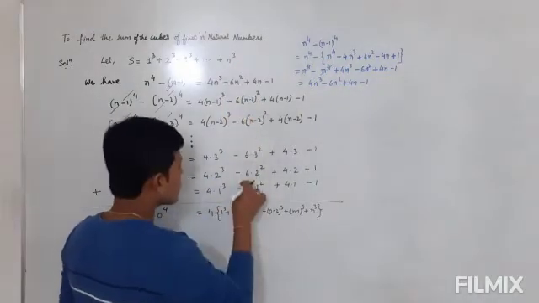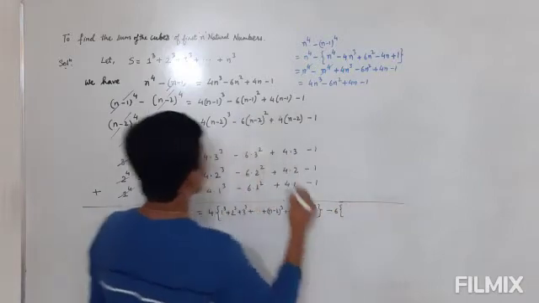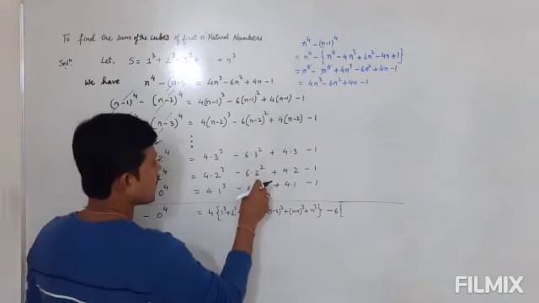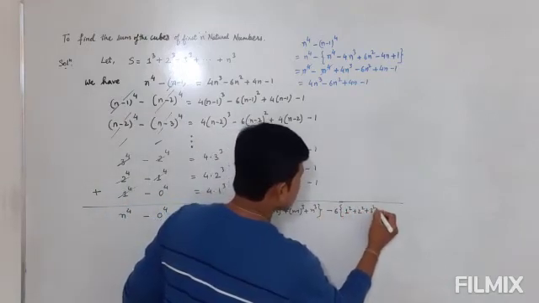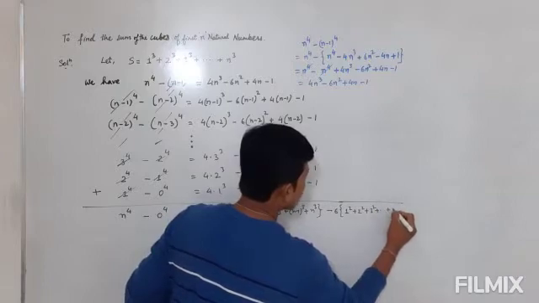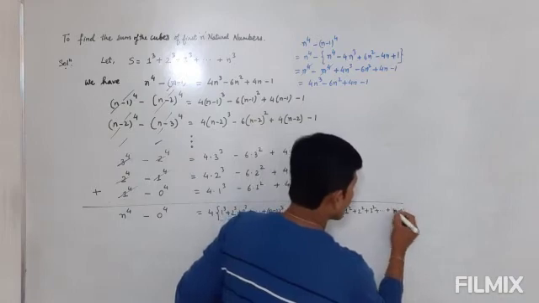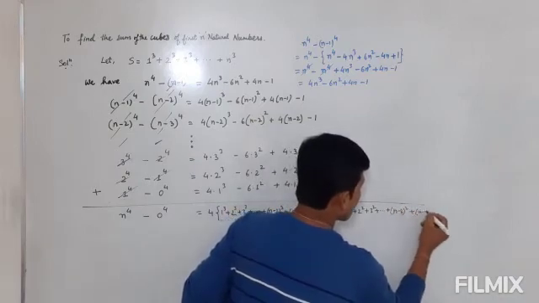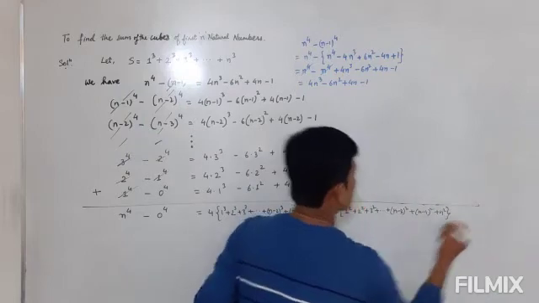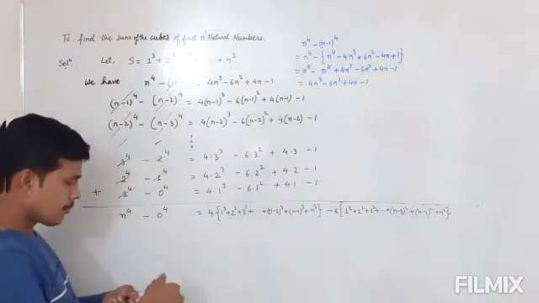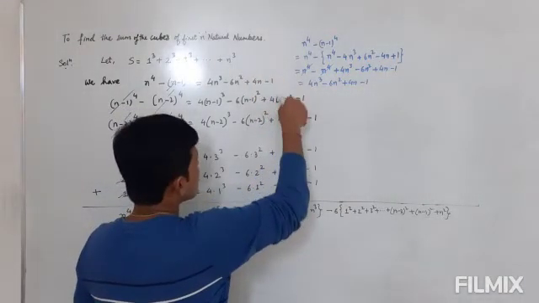Next, go for the second column. You have minus 6 throughout. I am taking out minus 6 common. So what am I going to write inside the bracket? 1 square plus 2 square plus 3 square plus dot plus (n minus 2) whole square plus (n minus 1) whole square plus n square. Got it clear? Again, you have another column that is 4n minus 1.